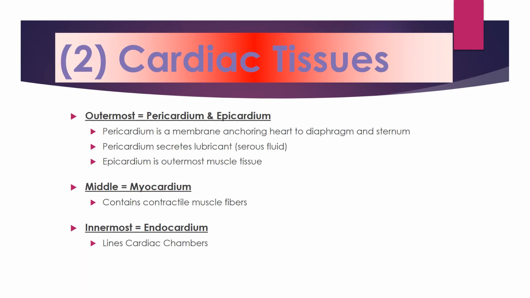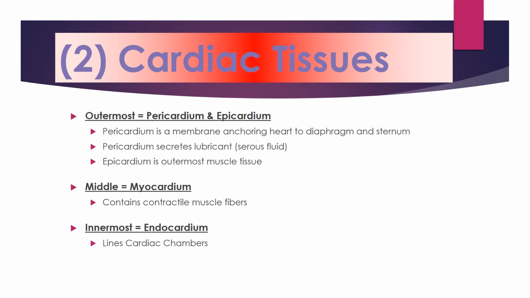Second, cardiac tissues. The heart is covered by different types of tissues. The outermost tissue is called the pericardium or epicardium. Pericardium is a membrane connecting the heart to the diaphragm and the sternum. Pericardium secretes lubricants, serous fluids.